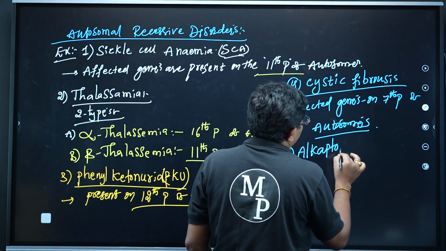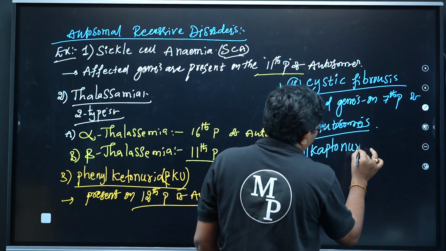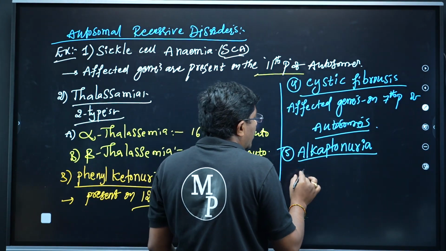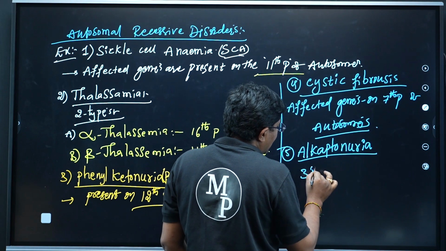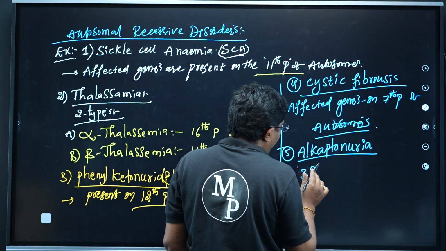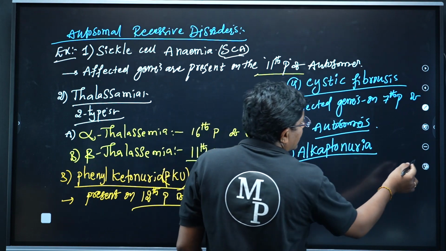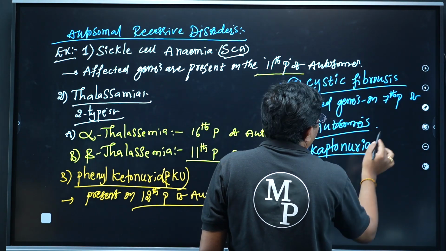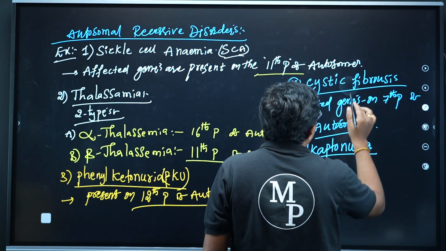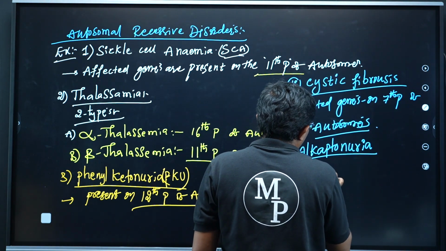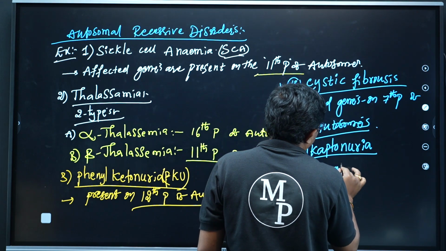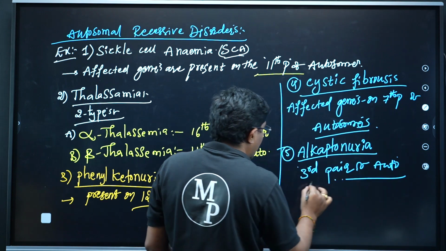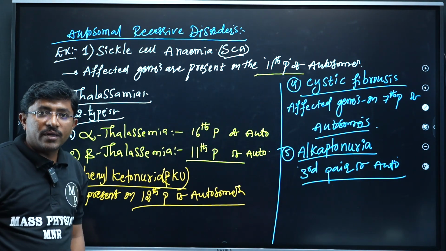The affected genes of alkaptonuria are present on the third pair of autosomes.